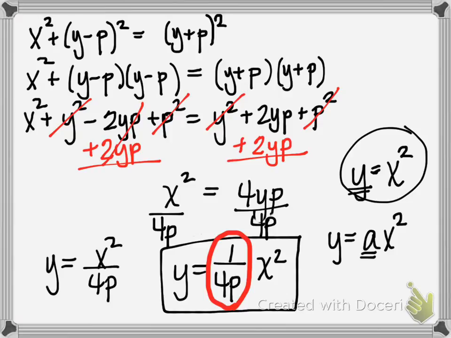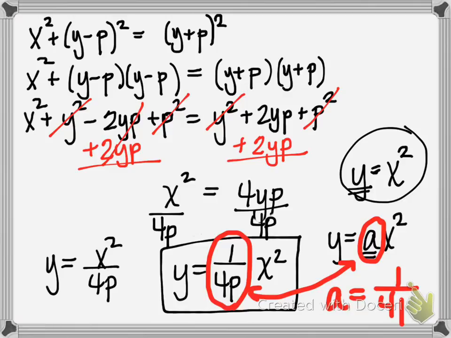Remember that a value would tell us whether the parabola opens up or down. It also tells us whether we have a vertical stretch or a vertical compression. So we used to call that coefficient a. Well, now we have another way of defining that leading coefficient. We could call it 1 over 4p. In other words, a is equal to 1 divided by 4p.